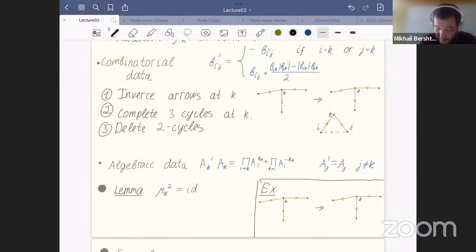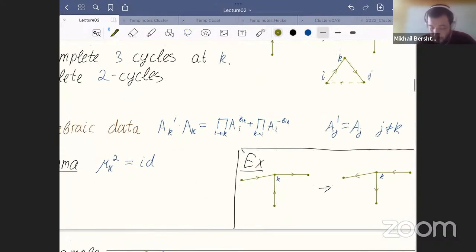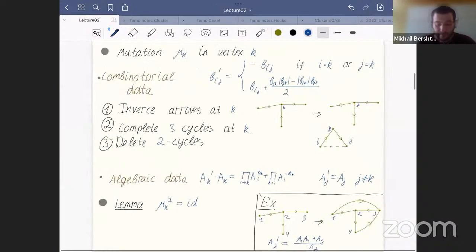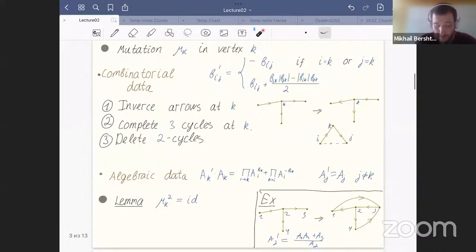And then, as I said, we will have two more arrows and a new vertex. Let me label not by k, but just 1, 2, 3, 4. And a2 prime is equal to a1 a4 plus a3, over a2.